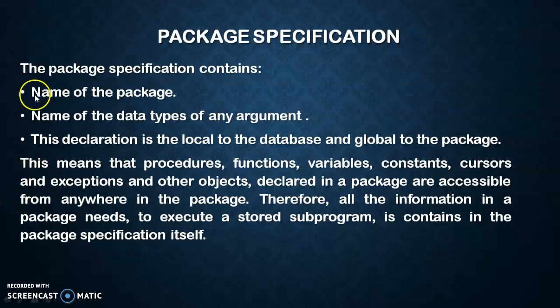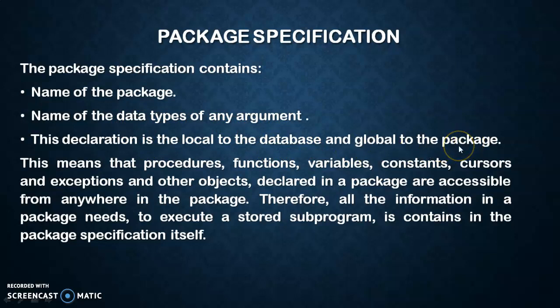First is the name of the package, then the names and data types of any arguments, then declarations. Whichever declarations we give in this part will be local to the database and global for the package.